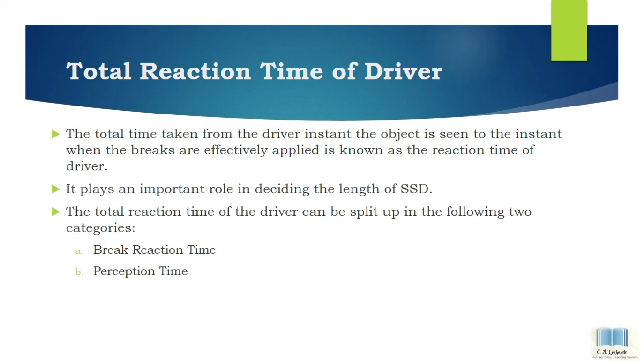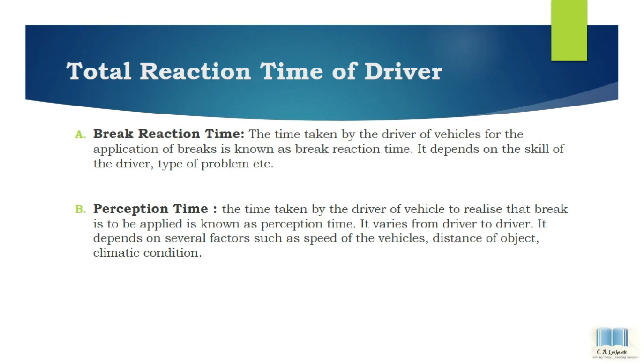The time taken by the driver of the vehicle for the application of brakes is known as brake reaction time. It depends on the skill of the driver and the type of problems, etc.